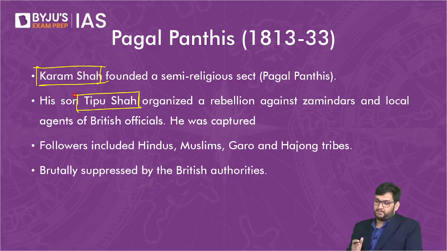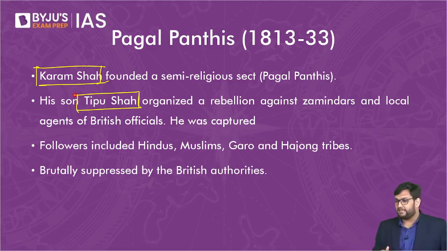He was captured, but he had a very strong following of Hindus, Muslims, and the Garo and Hajong tribes of Assam, in the northeastern sector. It was brutally suppressed by the British authority.